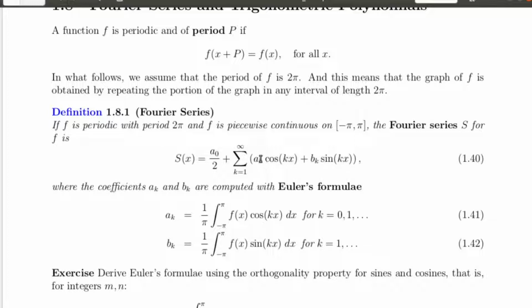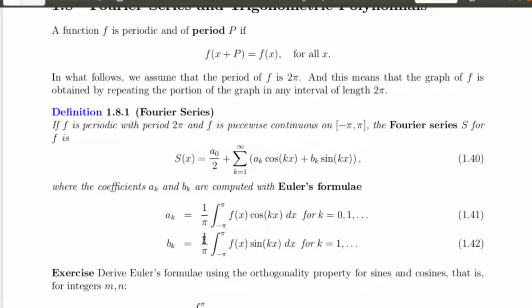Here you can see that there are coefficients a_k and b_k, and they are defined via what is called Euler's formula. So a_k is equal to 1 by pi times the integral from negative pi to pi of f of x cosine kx dx, for k running from 0 to infinity.